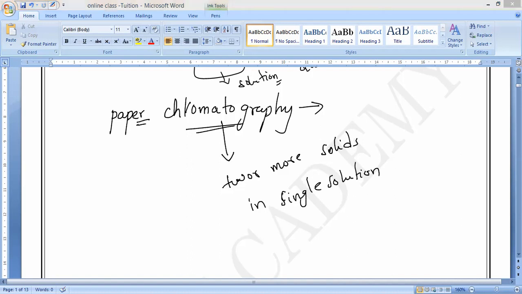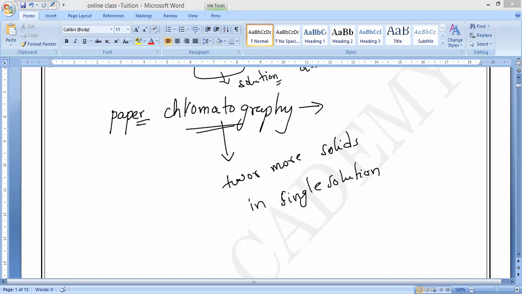This separation is based on the fact that though two or more substances are soluble in the same solvent, like water, their solubilities may be different.